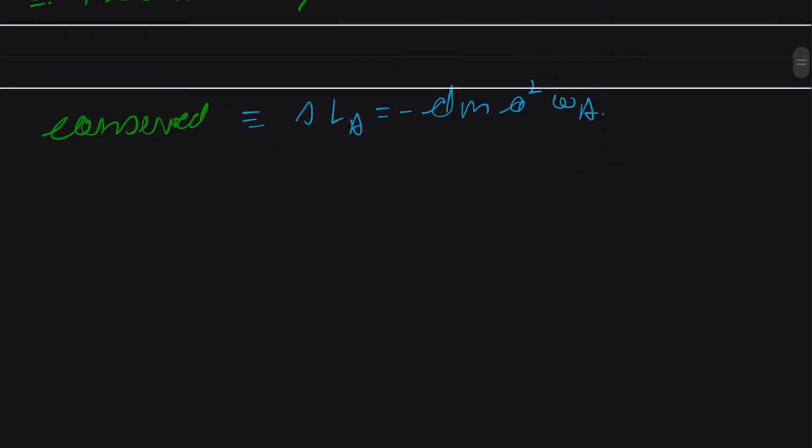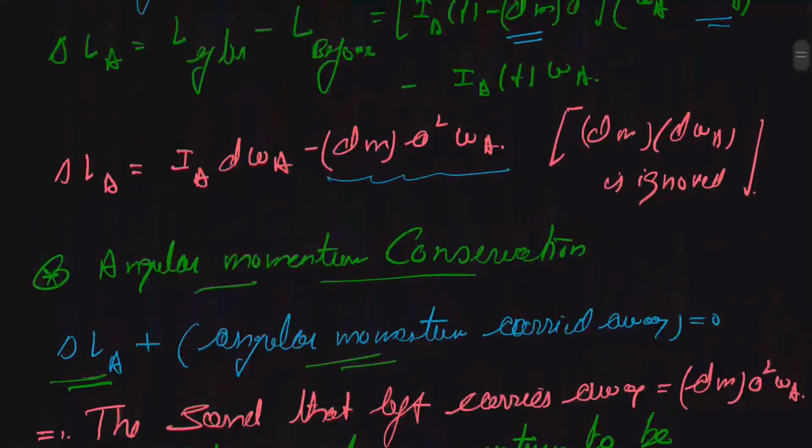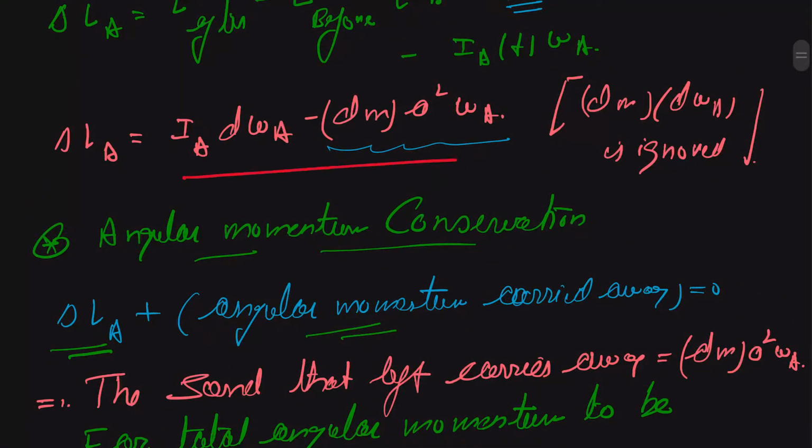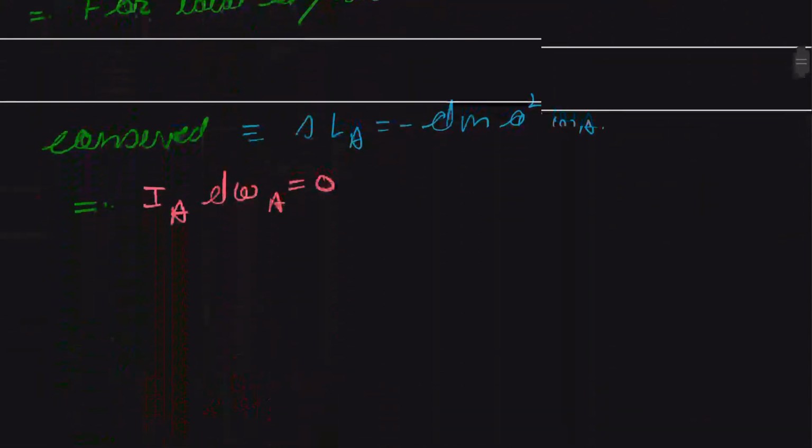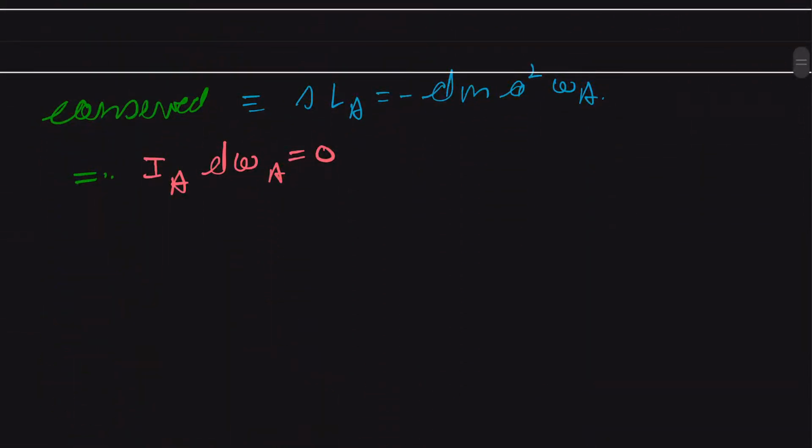And from here we can also say that our I_A times dω_A should be equal to 0, because from here this is equal to 0. Therefore, I_A times dω_A should be equal to 0. Okay.